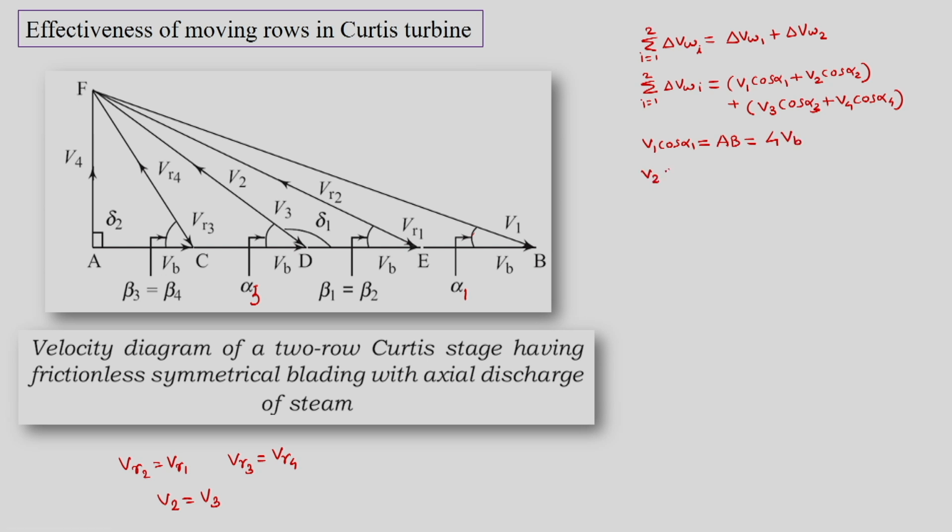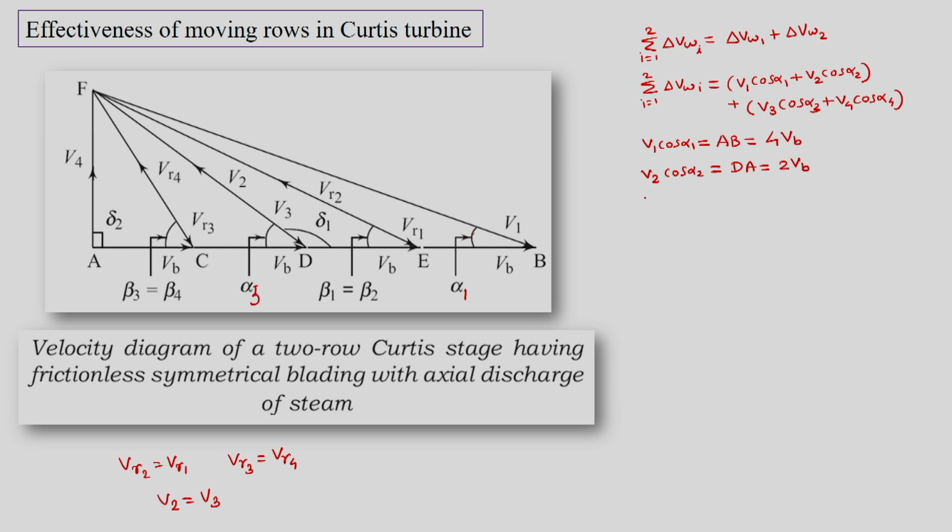Then V2 cos alpha 2 is here, and alpha 2 and alpha 3 are the same, so it is dA, and dA is equal to twice VB.